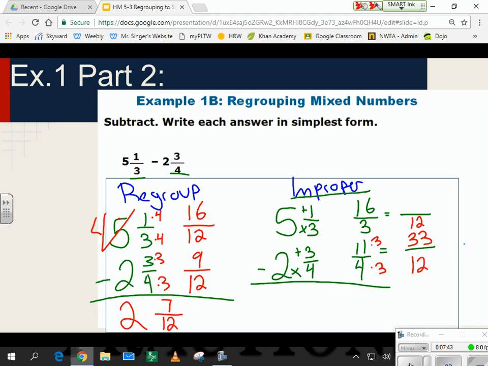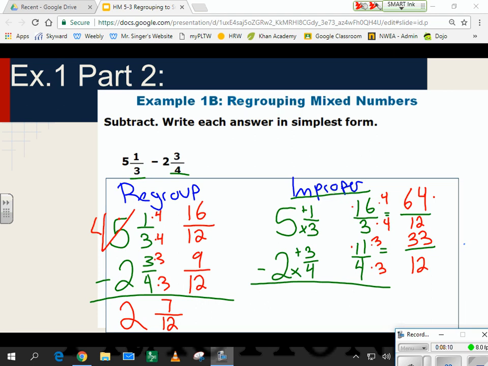So because 16 was larger than 11 over here, this number over here should probably still be bigger. So 3 times what gives us 12? That'd be 4. So now you have to do 16 times 4. Well, I know that 6 times 4 is 24, and 4 times 10 is 40. So together, 40 and 24 make 64. Okay. So now we have 64 minus 33.